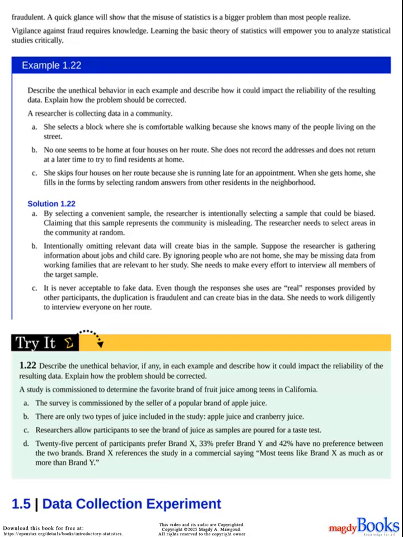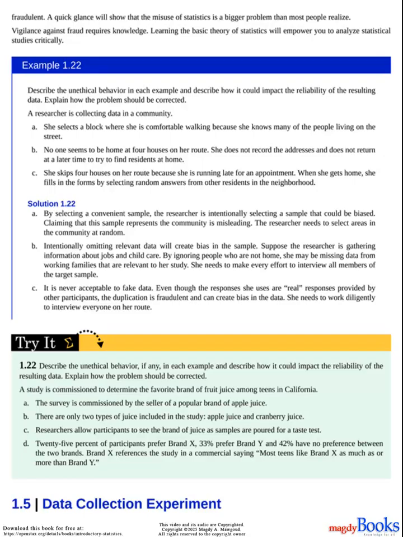B. No one seems to be home at 4 houses on her route. She does not record the addresses and does not return at a later time to try to find residents at home. C. She skips 4 houses on her route because she is running late for an appointment. When she gets home, she fills in the forms by selecting random answers from other residents in the neighborhood.